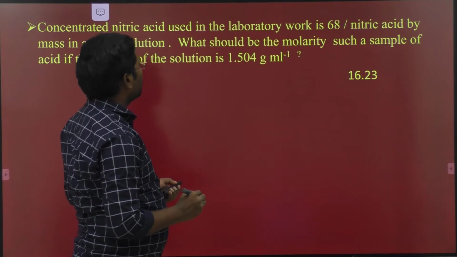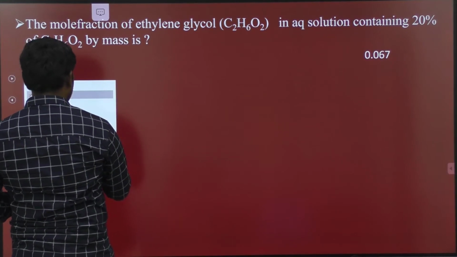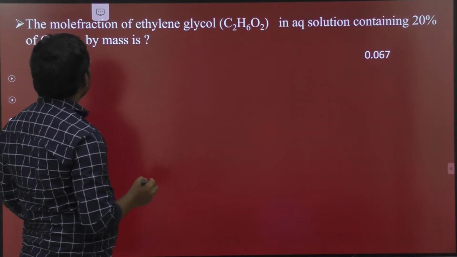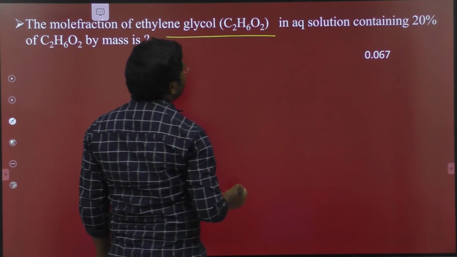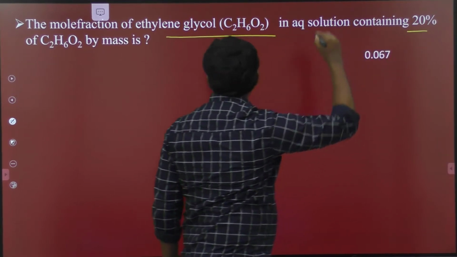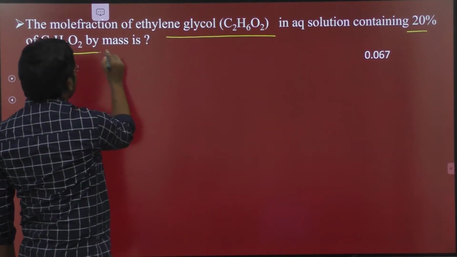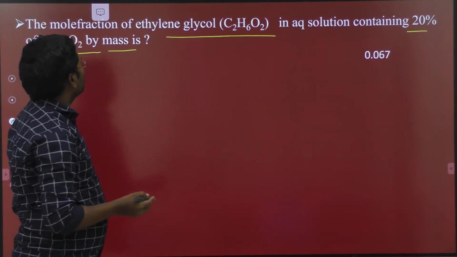So come to the next problem. Look at the problem. The mole fraction of ethylene glycol, C2H6O2, in aqueous solution containing 20% ethylene glycol by mass. So the given solution is an ethylene glycol solution.